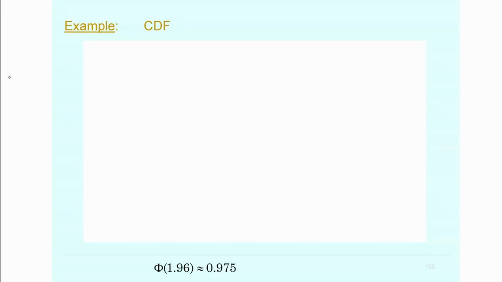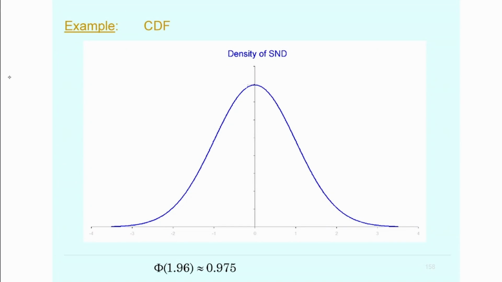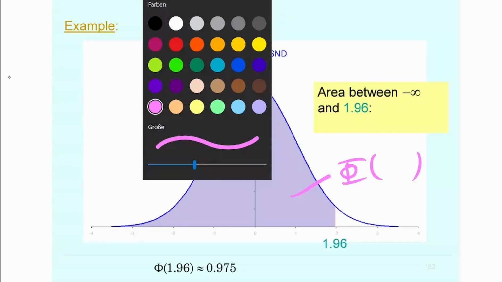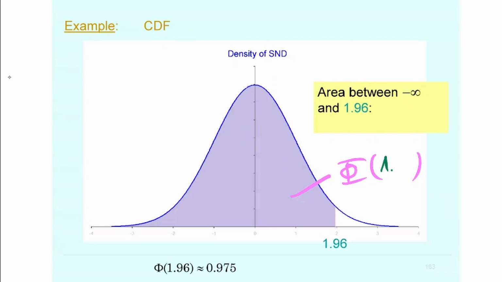Okay, so when you look at the diagram here, this is the density of the standard normal distribution. 1.96 is over here, and you look at the area between minus infinity and 1.96, which would correspond to, and let me stress this because that should be important, this area would correspond to the cumulative distribution function denoted by phi of the standard normal distribution at point 1.96.